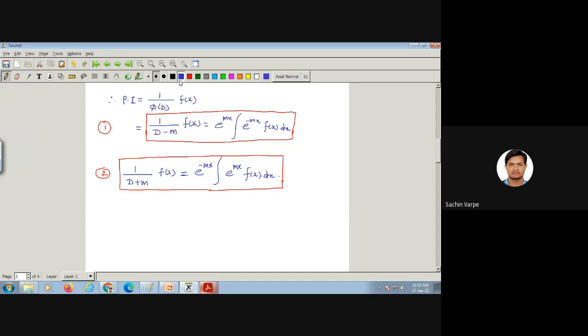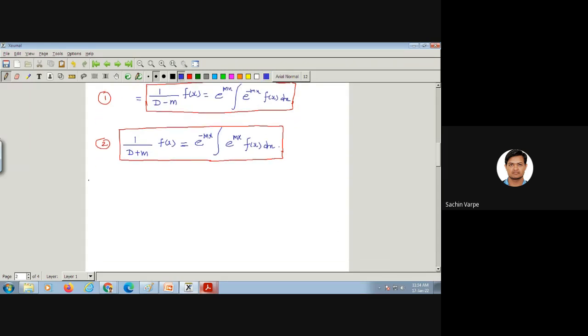Now, in case of second order or higher order differential equation, it will have two or more roots, right? So that means two or more factors. So our particular integral will have two or more factors in the denominator.